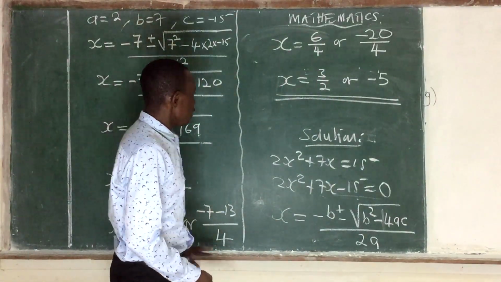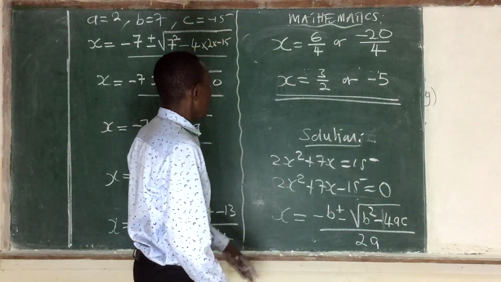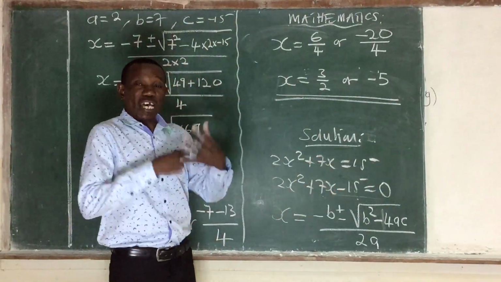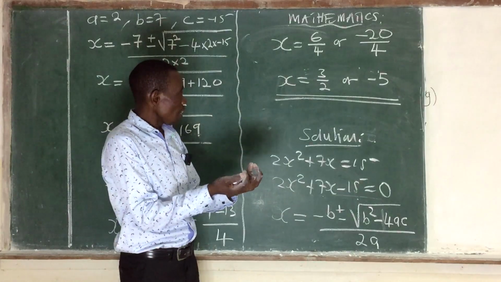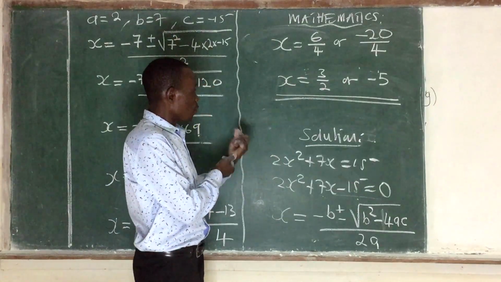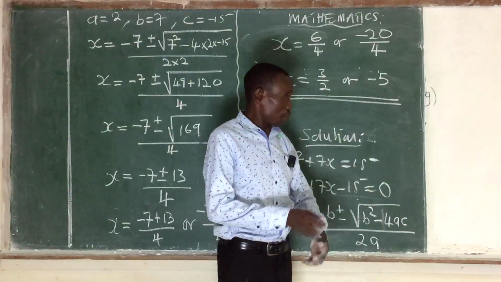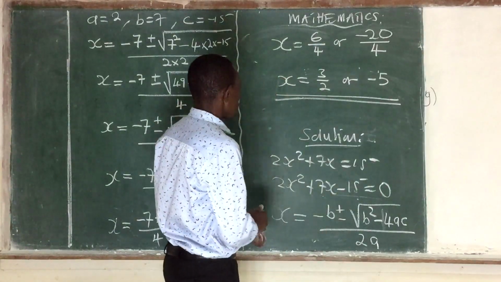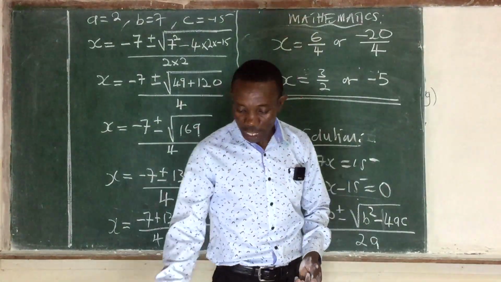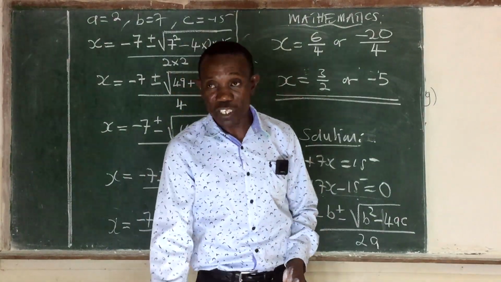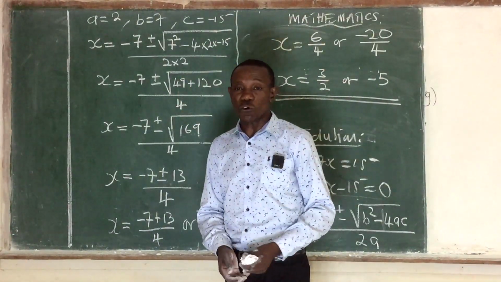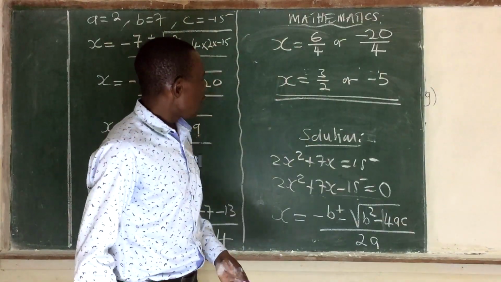Right. So if we have solved this equation, the answers, which are also defined as roots in our discussion about the equation, are 3 over 2 or negative 5. That's the way we solve quadratic equations by use of the formula. It's just a matter of substitution. Right.